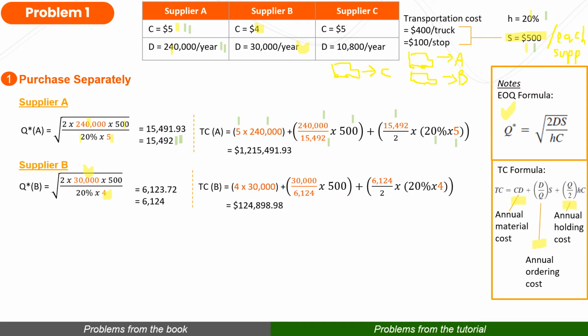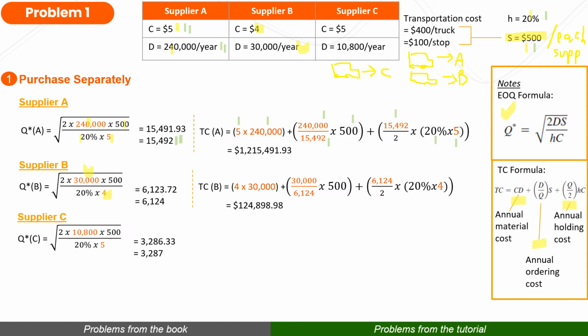The difference is the numbers that I have colored orange. And then we get the total cost from supplier B is 124,898.98.